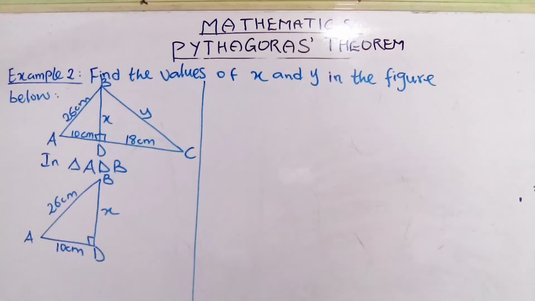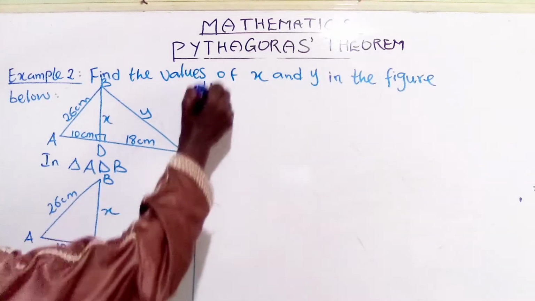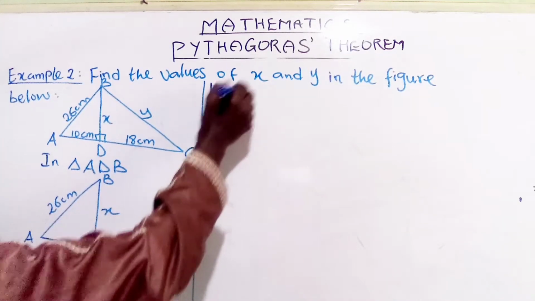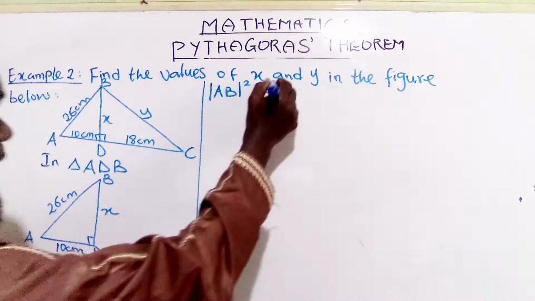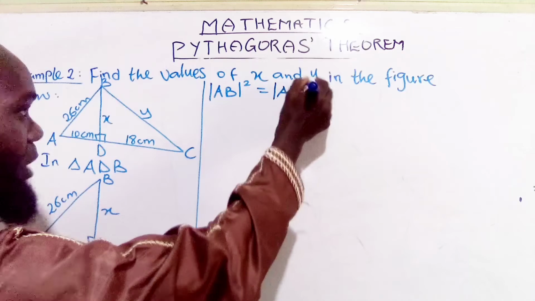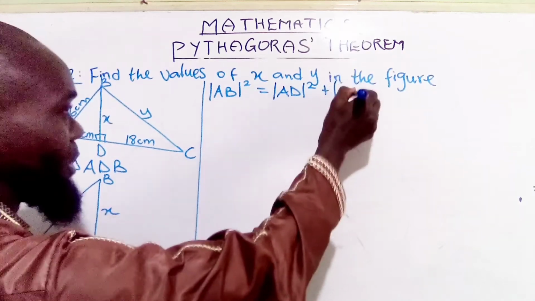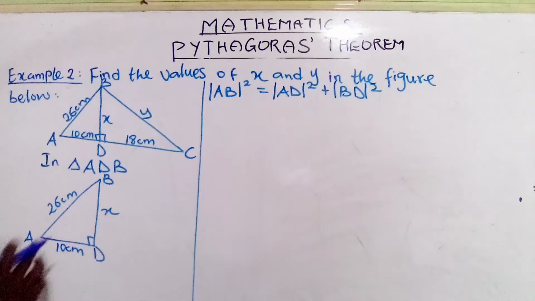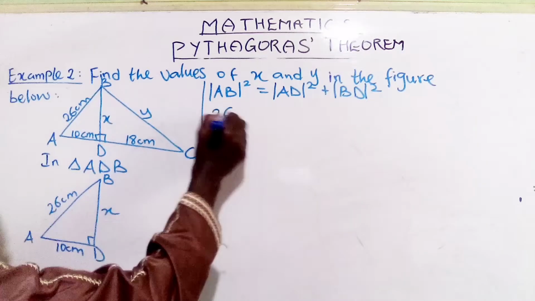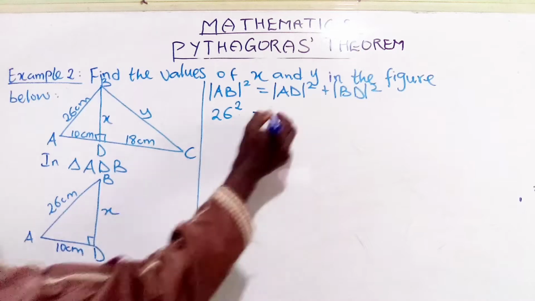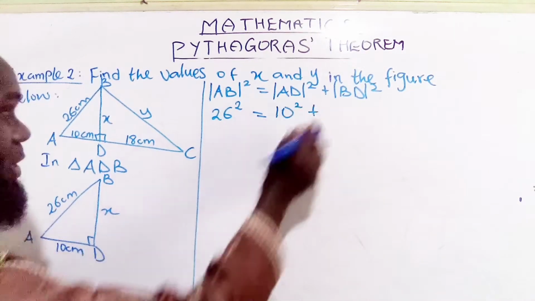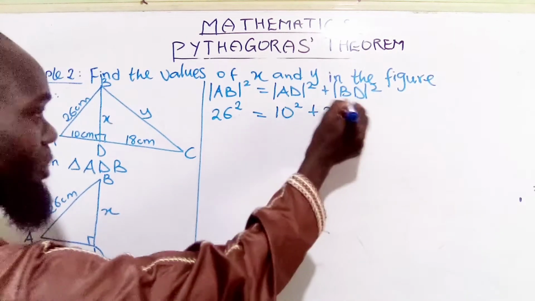To find the value of x, let us identify the hypotenuse side. Line AB is the hypotenuse side. The square of the hypotenuse equals the sum of the squares of the 2 opposite sides, line AD square plus line BD square. So line AB, 26 square, equals line AD, 10 square, plus line BD, x square.